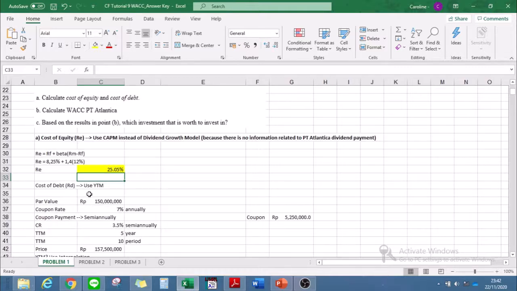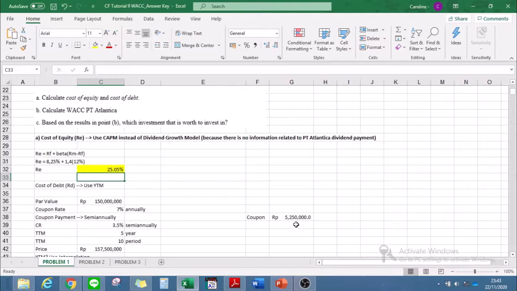First of all, the par value is 150 million rupiah. The coupon rate is 7% annually, but since the coupon payment is semi-annual, you need to divide this annual coupon rate by 2. So that means the coupon rate is going to be 3.5% semi-annually.